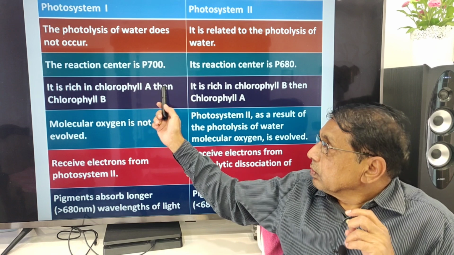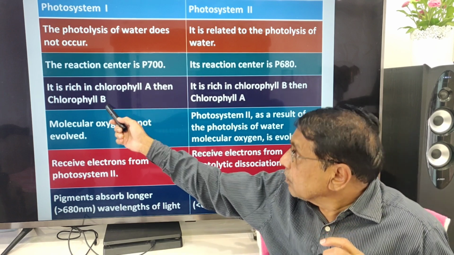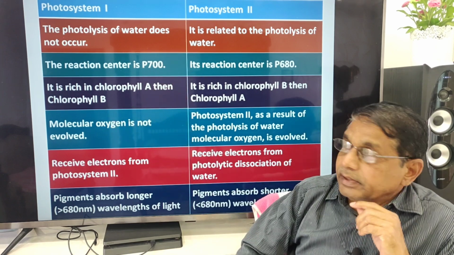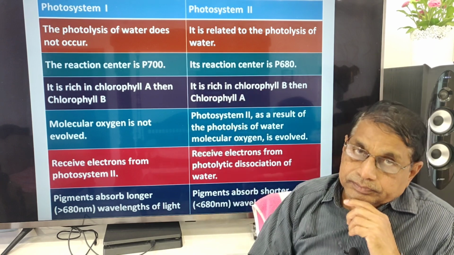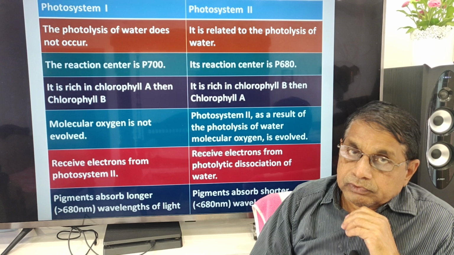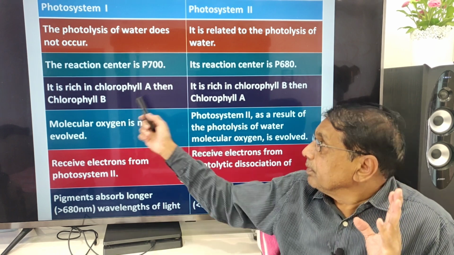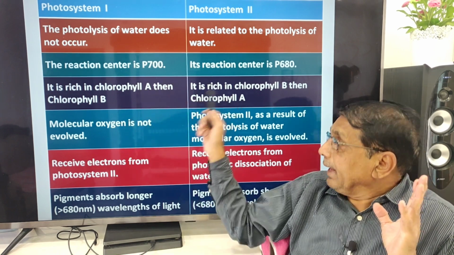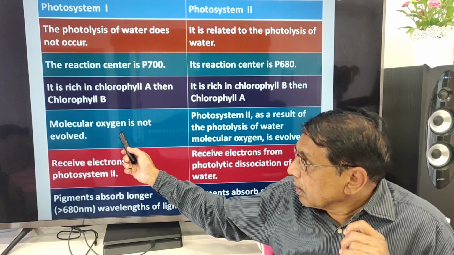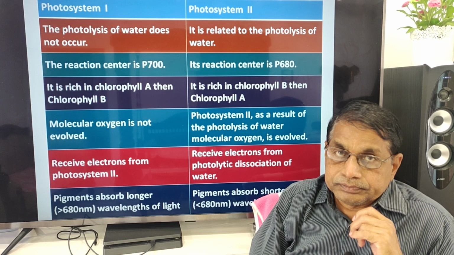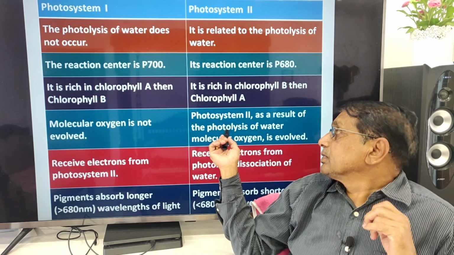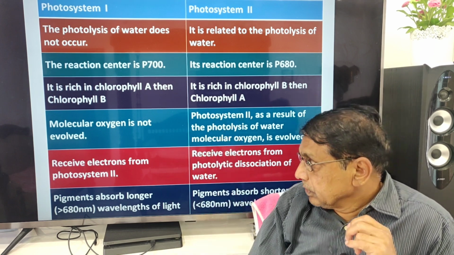Photosystem 1 is rich in chlorophyll A, then chlorophyll B, but reverse here: photosystem 2 is rich in chlorophyll B, then chlorophyll A. Molecular oxygen is not evolved in photosystem 1 because there is no photolysis of water. Here molecular oxygen is released.